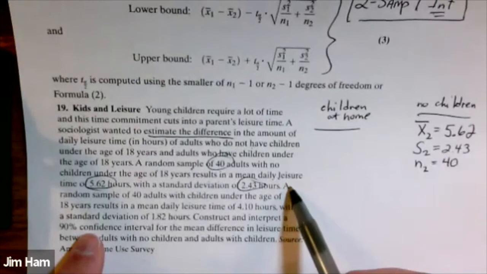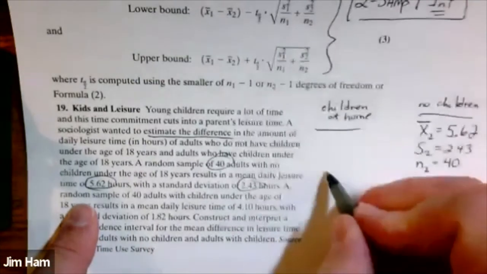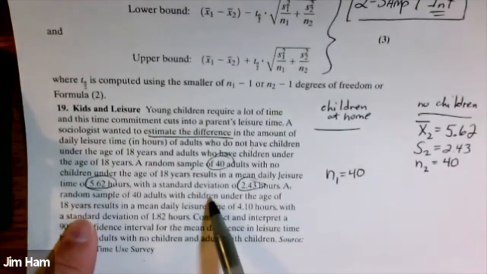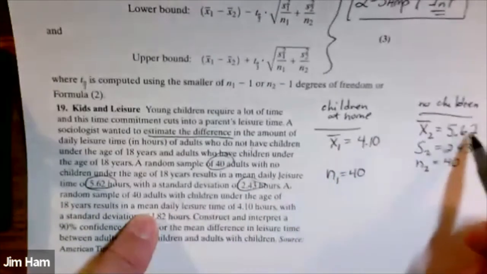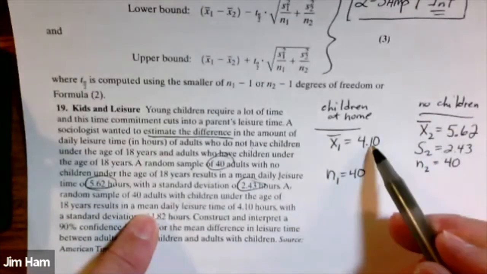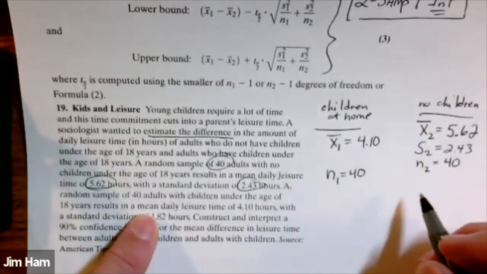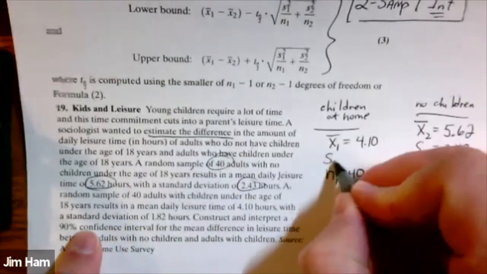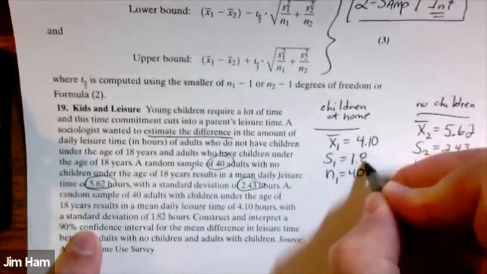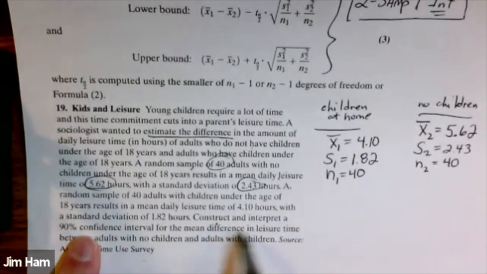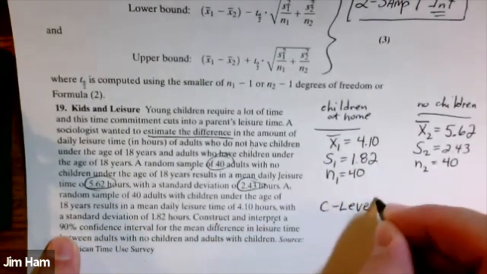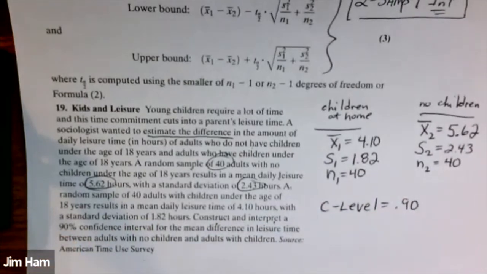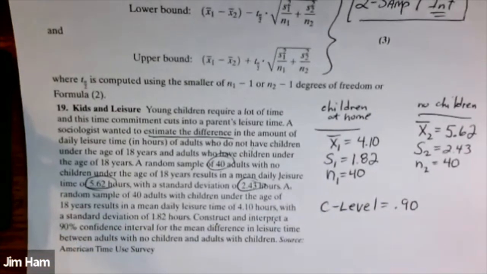And then they go on to describe the other group, random sample, once again, 40, that do have children under the age of 18. Results in a mean of 4.10, say about an hour and a half less leisure time, with a standard deviation of 1.82. All right, so construct and interpret a 90% confidence interval for the mean difference in leisure time between adults with no children and adults with children.